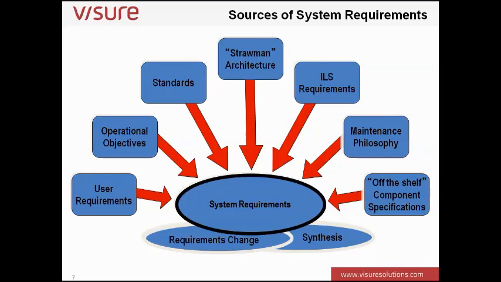And then finally, the other big factor that's coming into play nowadays is the use of off-the-shelf component specifications, the use of off-the-shelf equipment. In that instance, what becomes vitally important is the interface, the boundary conditions of the off-the-shelf equipment, and how you're going to interact with it within the wider part of your system description.